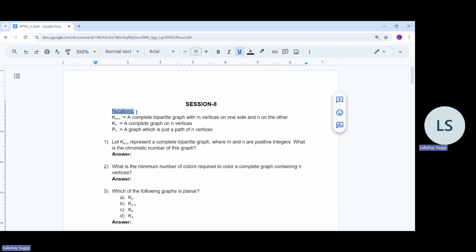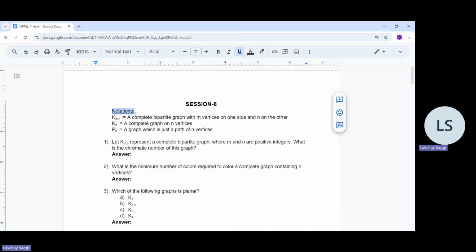Although these notations have obviously been told in the lectures also, I guess we can just discuss them nonetheless again so that everyone is on the same page. But I'll be assuming that you guys have seen the lecture videos.